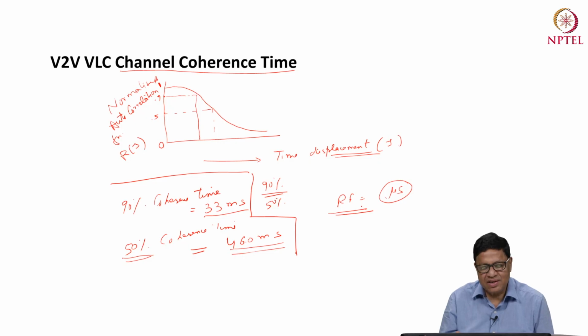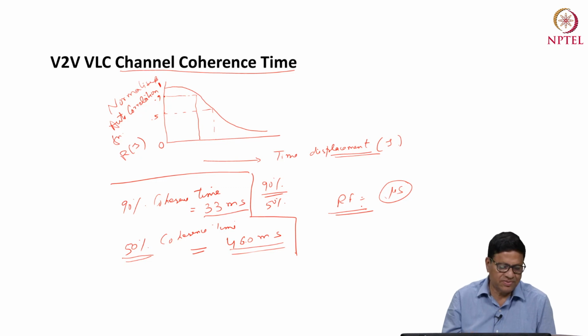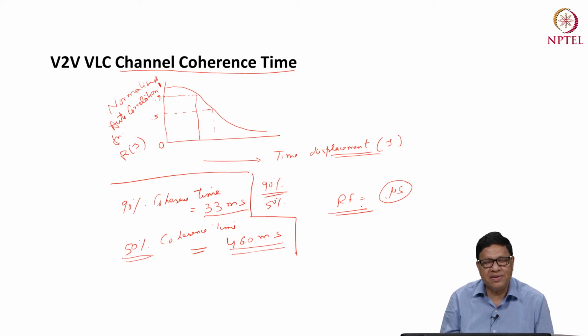But this holds for line of sight communication in these two examples. So this is very important. If you have a longer coherence time, the estimation requirement is relaxed. You require estimation only after a long interval, which reduces the overhead and increases your throughput.